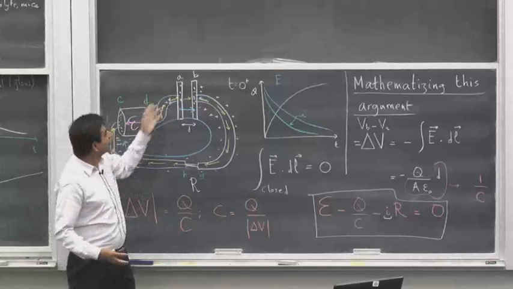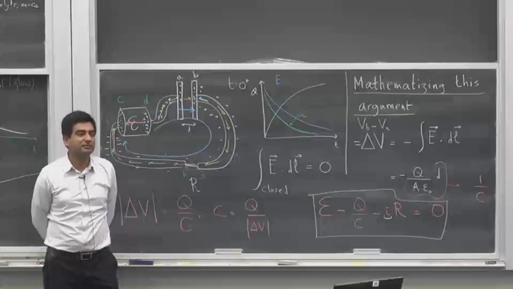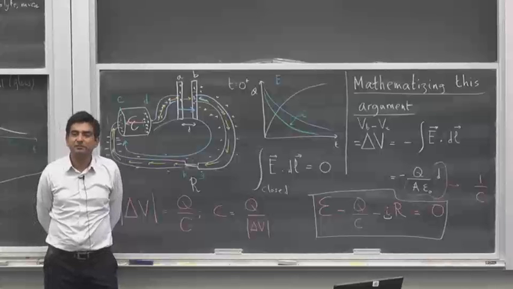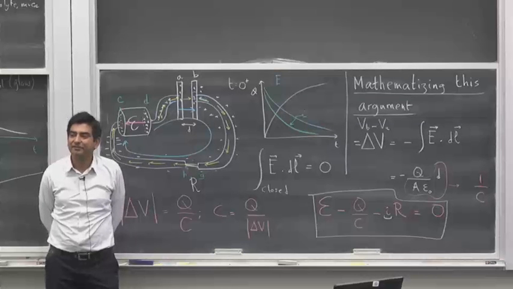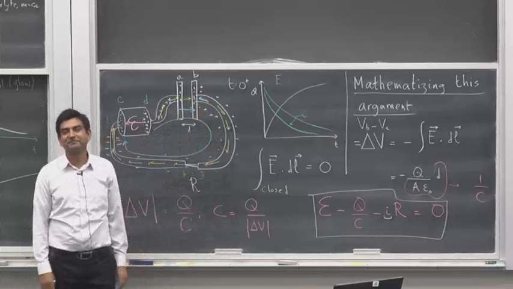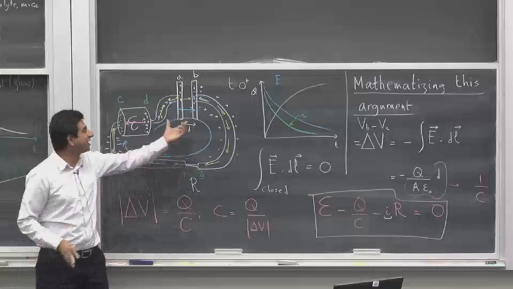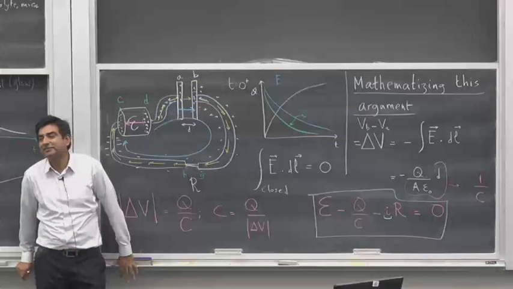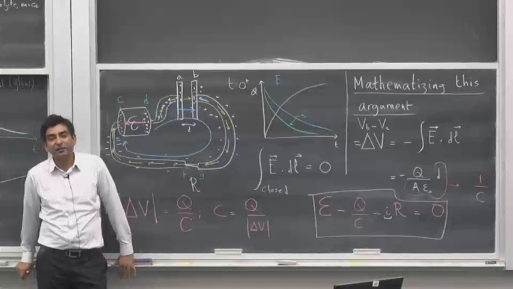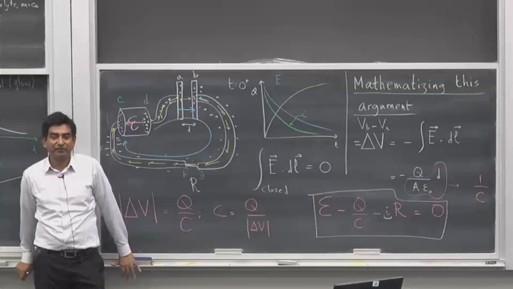So if a current flows in this circuit, it really means that charge is being deposited on the plates of the capacitor. Correct? When current flows in this circuit, and the current has to be continuous, charge is being built up on the plates of the capacitor. Otherwise, how can a current flow? The current cannot be discontinuous.